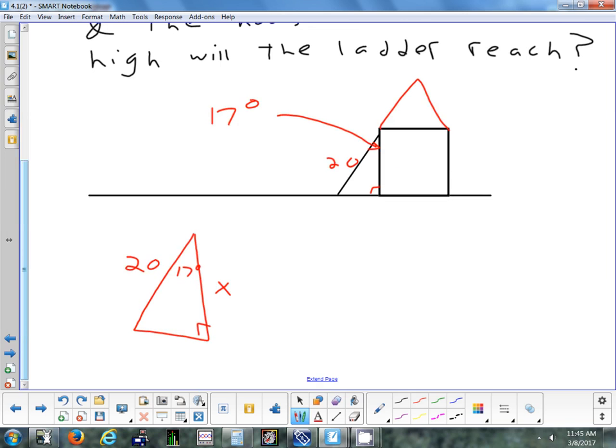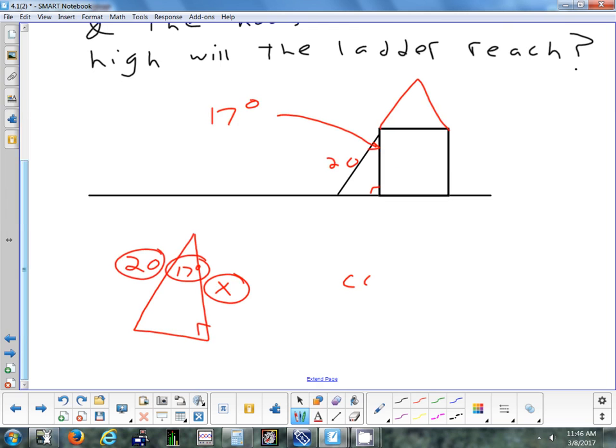So now we're going to do this just like a normal problem. Circle the two things you know, circle what you don't know, and figure out what trig function you need. Anyone think they can tell me the trig function that I'm going to use without me going through it step by step? Cosine?